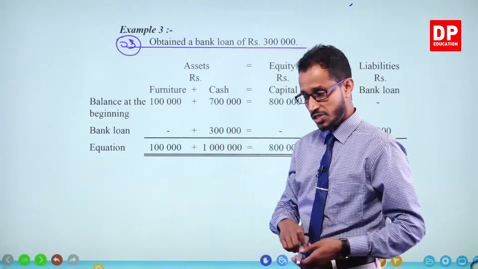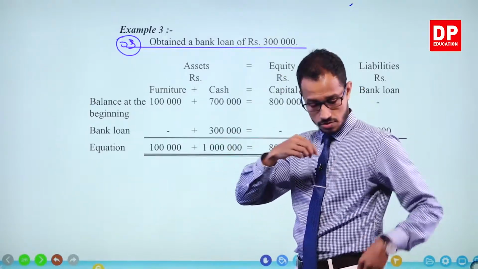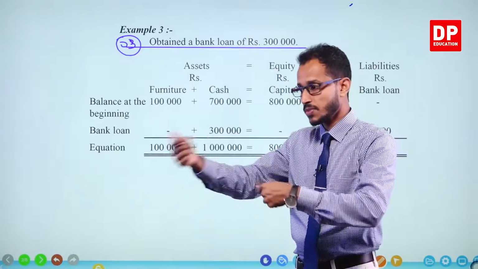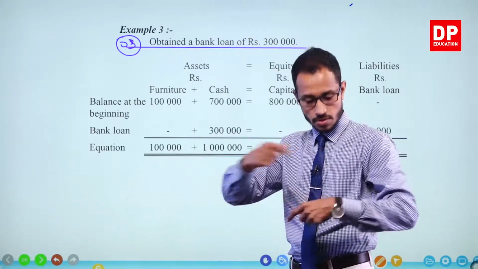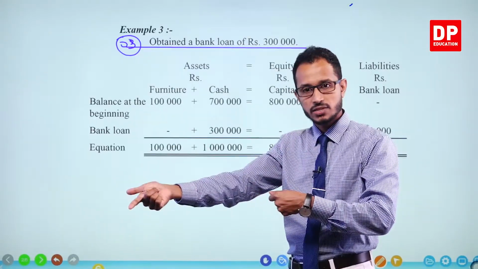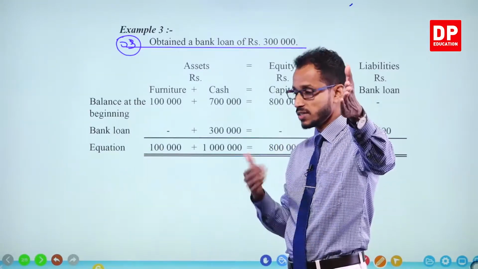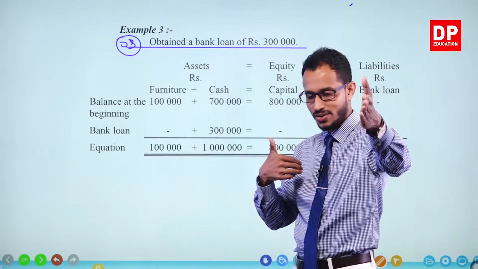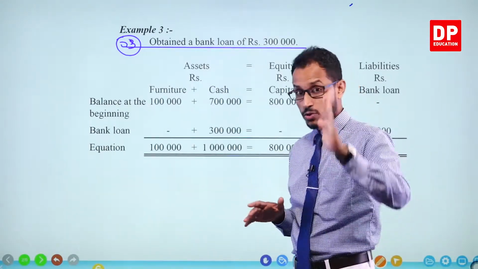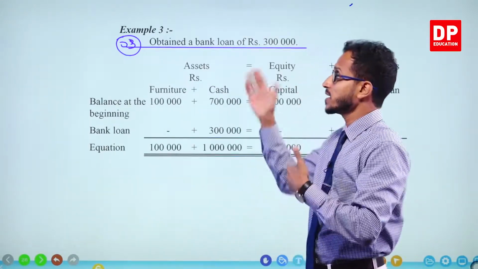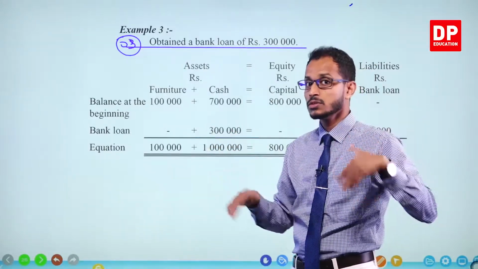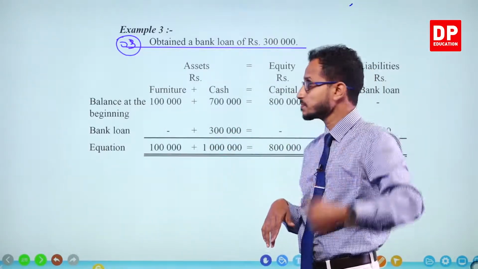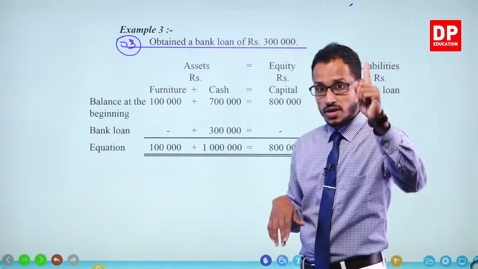The first transaction was owner's investing of money. Owner invested 800,000 into the business. Now you are not the owner, I am the owner. Keep that in mind. You are the accountants. That is the first transaction.